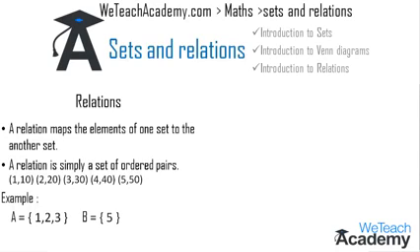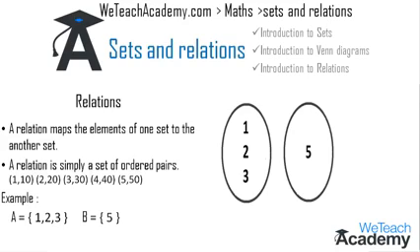We have the first example as A is equal to {1, 2, 3}, and we have only one element, 5, in the set B. Now let us represent this in the form of a Venn diagram. We have two Venn diagrams in which we have written the elements of A in one diagram and the element of B, that is 5, in the other.